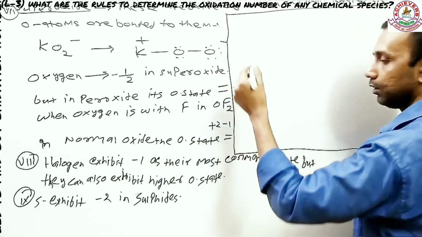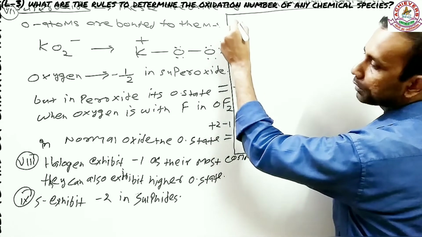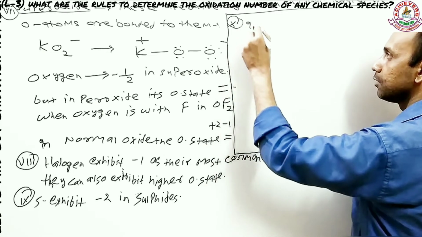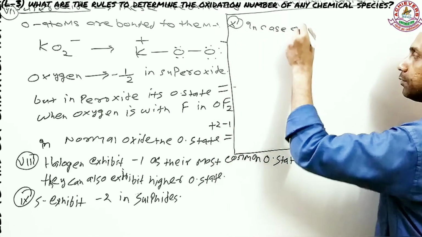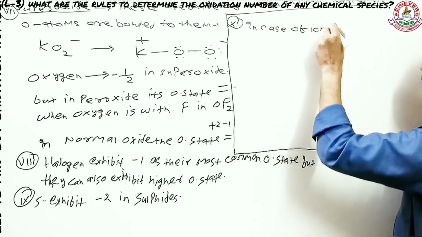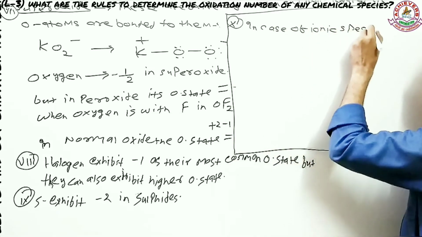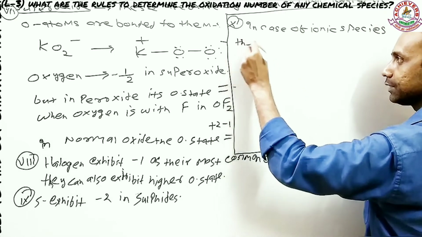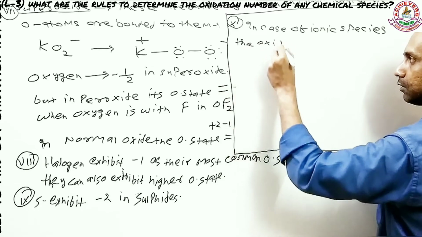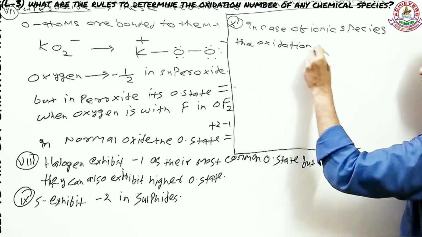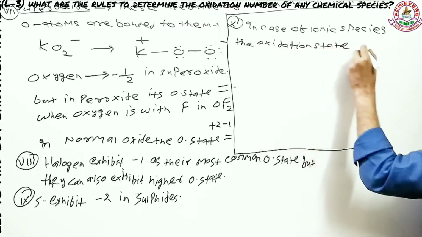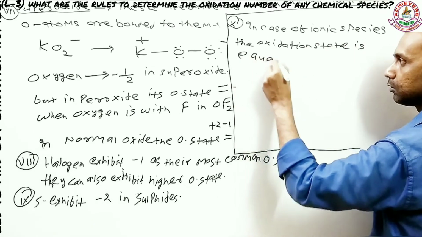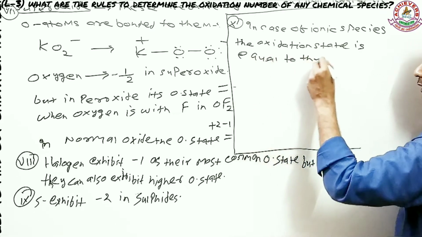Okay. So the next one is going to be number 10. In case of ionic species, the oxidation state is equal to the magnitude of charge.